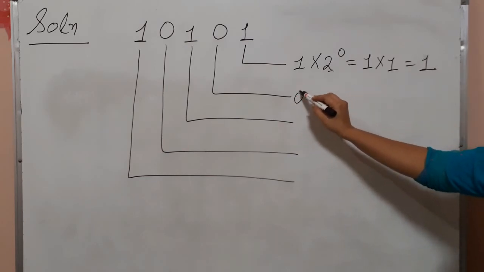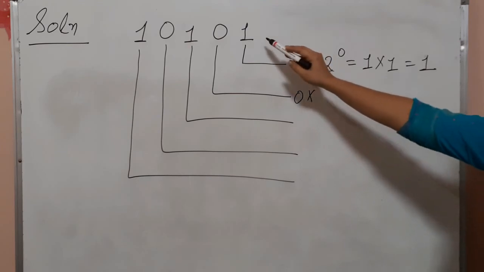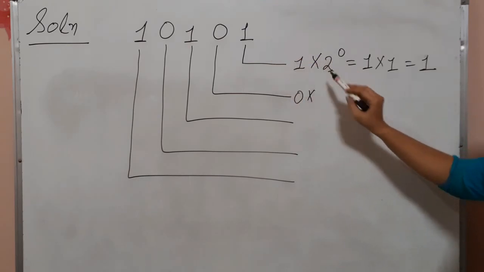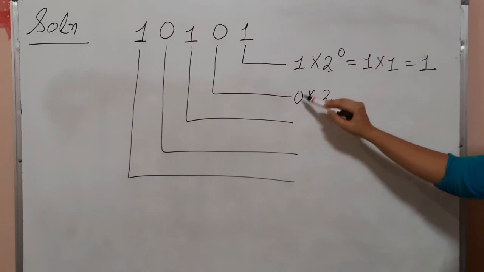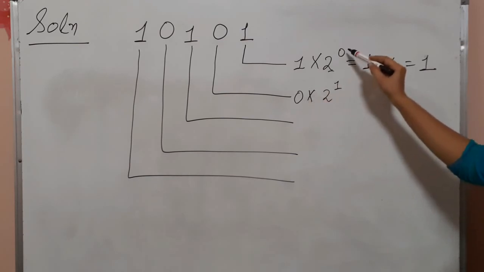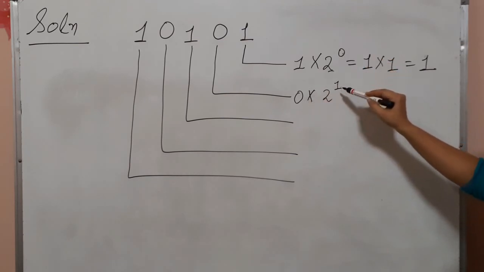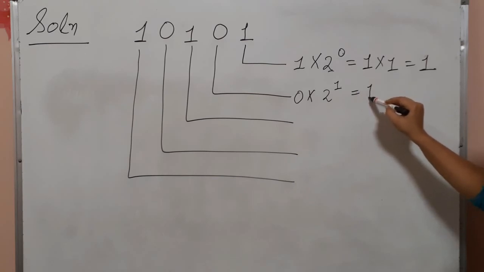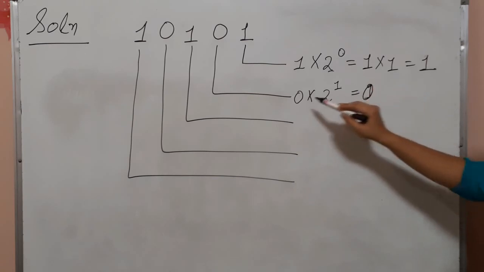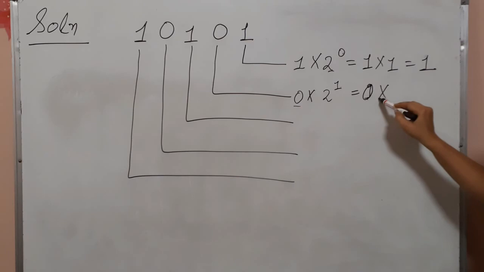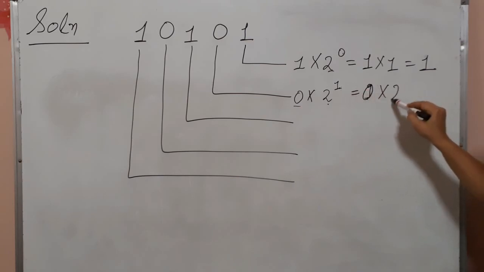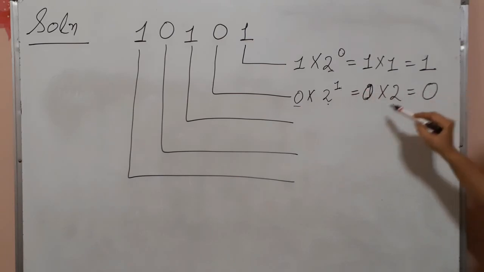Now taking the next digit, we will always start from the last digit. Now 0 into 2 to the power 1. You can see that I am increasing the power. 0 into 2 to the power 1, meaning 2, equals 0.